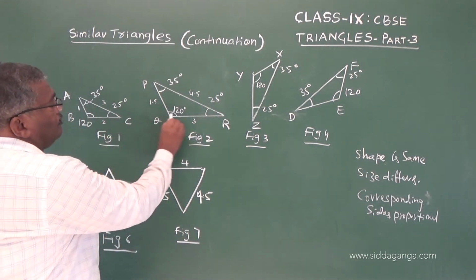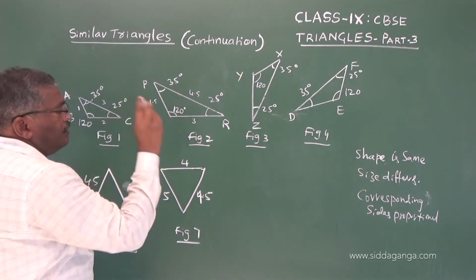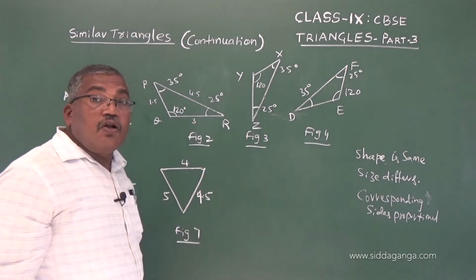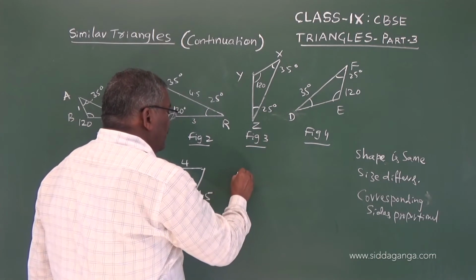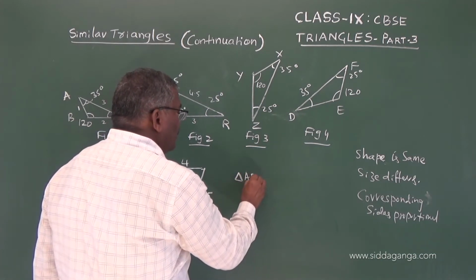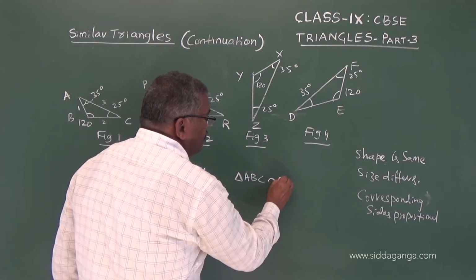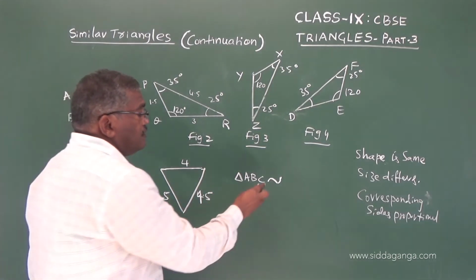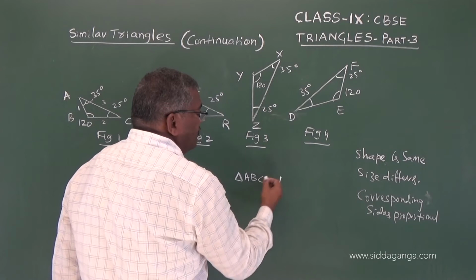Now you examine these two. This is ABC and PQR. In such a case, when the corresponding angles are congruent, we write like this: triangle ABC is similar to, you remember this sign, horizontal slant S. So this is the symbol for similar.